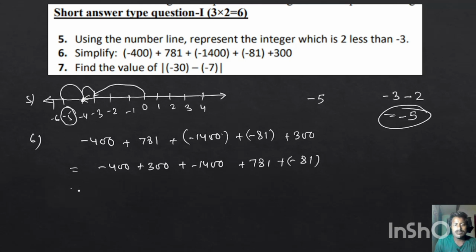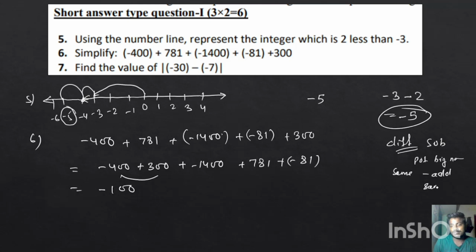Now -400 plus 300 is a different sign, so we subtract, 400 minus 300 is 100, then put the bigger number's sign, that is minus. You remember the two formulas, same sign or different sign. In different sign, we subtract the small number from the big number and put the big number's sign. But in the same sign, we simply add the numbers and put the same sign. You should remember these two rules.